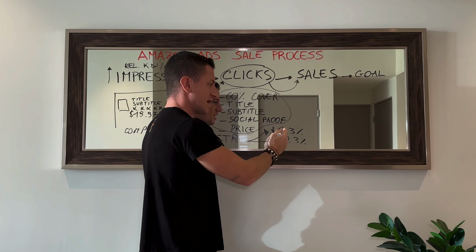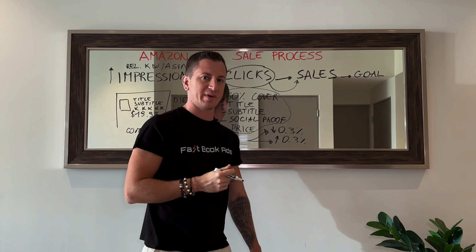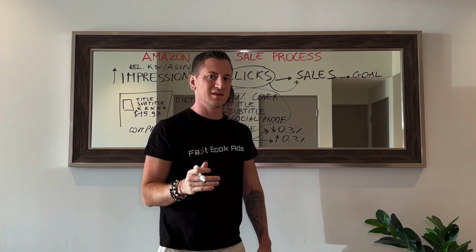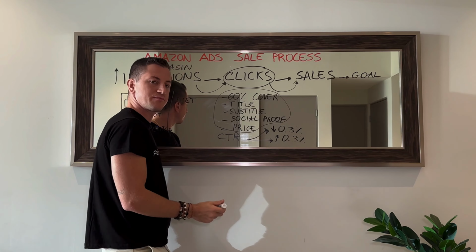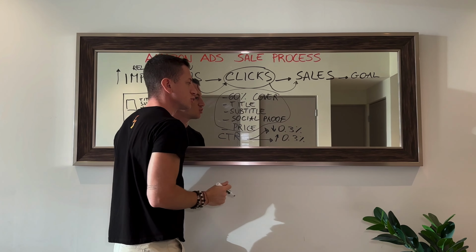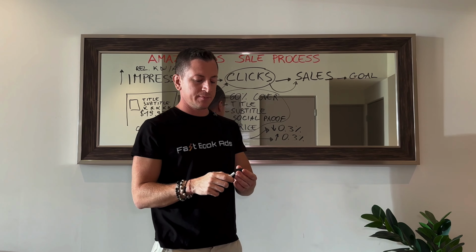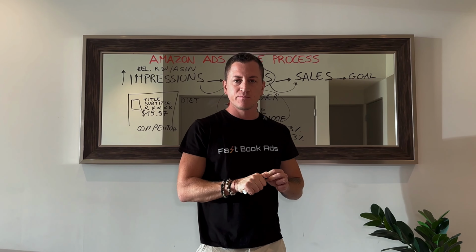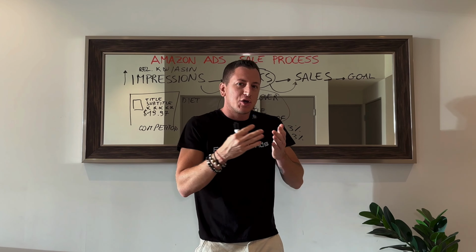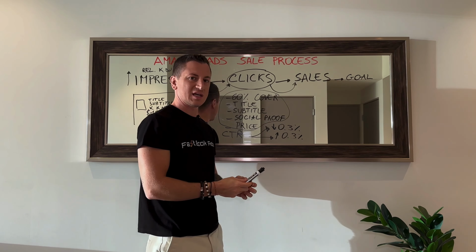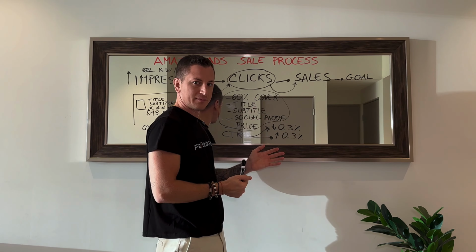So if you have a CTR lower than 0.3%, there is nothing wrong with your campaign. There is something wrong with your book, especially with your cover. Because Amazon ads don't have the power to make people click on your ad. This is a human behavior influenced by your book, especially by your cover.